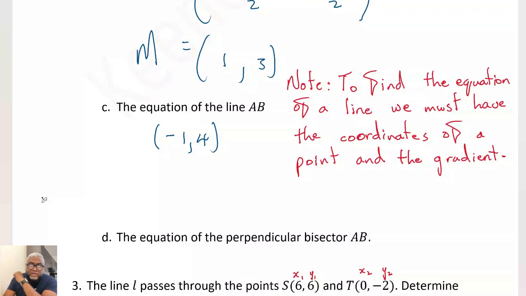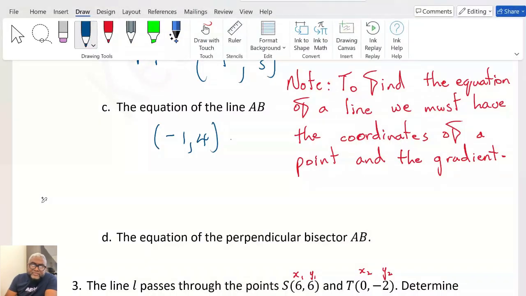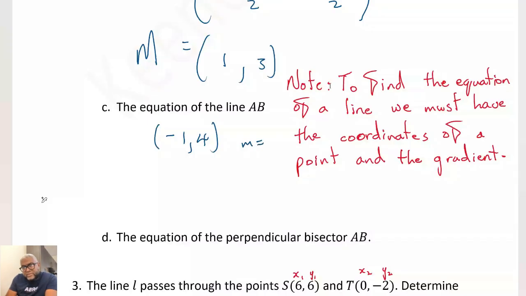So we have the coordinates of a point. M. Robinson. What was the gradient of this line?